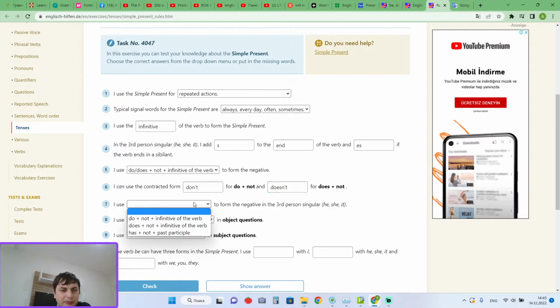I use to form the negative in the third person singular. Okay, does not, does plus not plus infinitive of the verb.